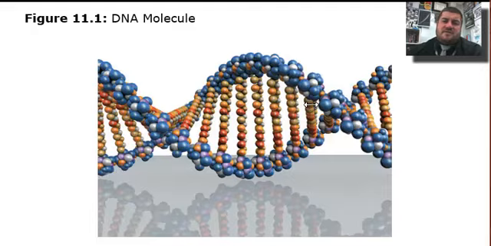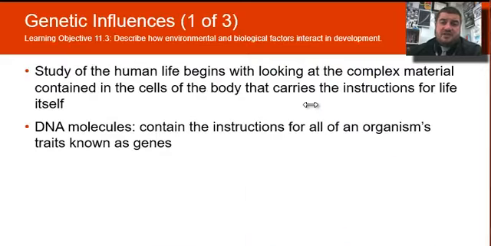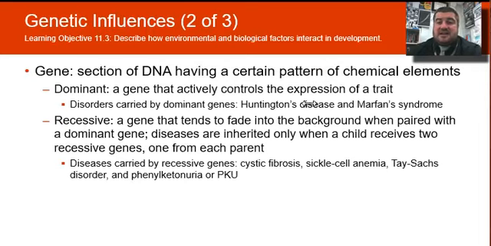Here's a picture of a DNA molecule. I'm just going to sort of go through this. We've already talked about genetic influences. There's not really a need to do it again. We know about DNA molecules. You can pause this if you'd like. We know about genes. We know about disorders, obviously, that can come from a dominant gene. And we've already talked about recessive gene disorders.